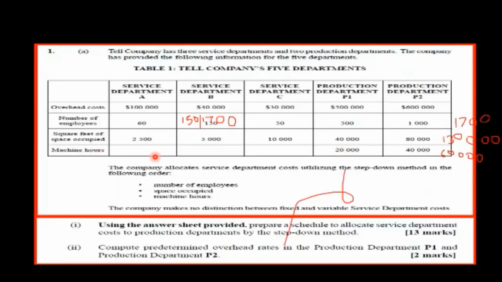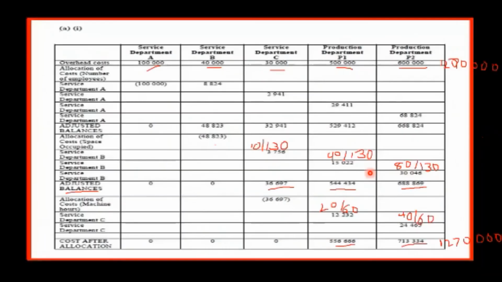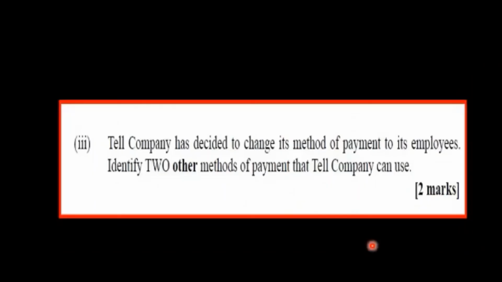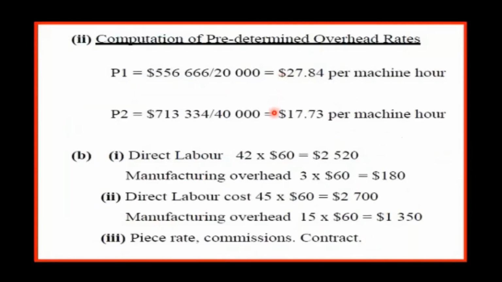Machine hours, 20,000, 40,000. And your answer would be dependent on here. So you have to get this figure first before you can do this.